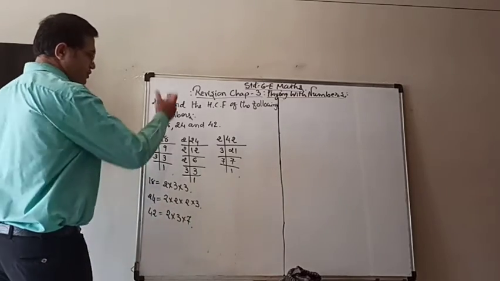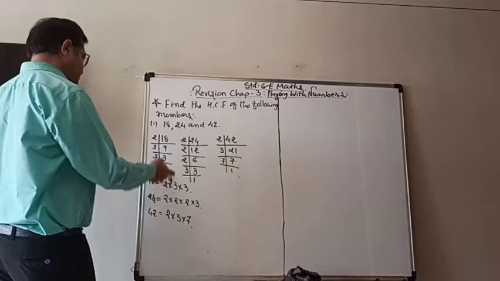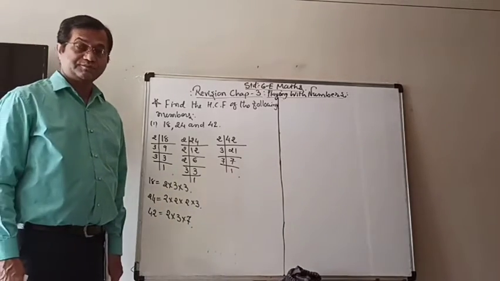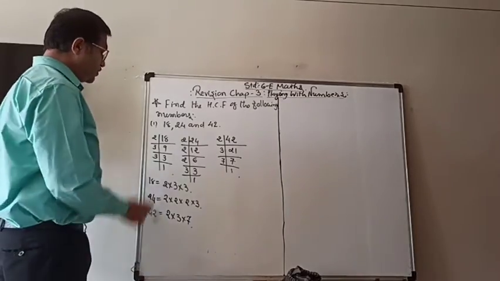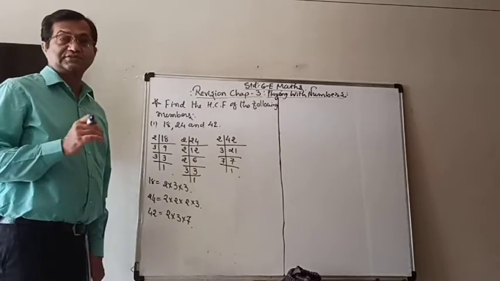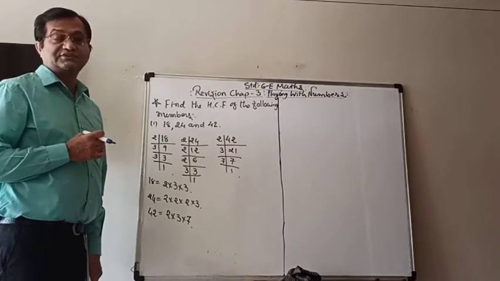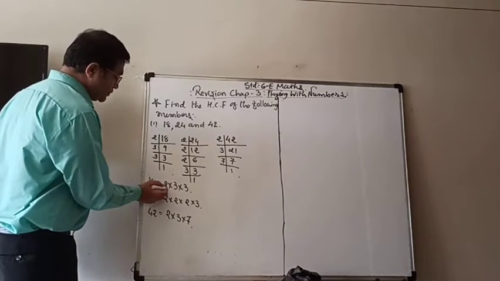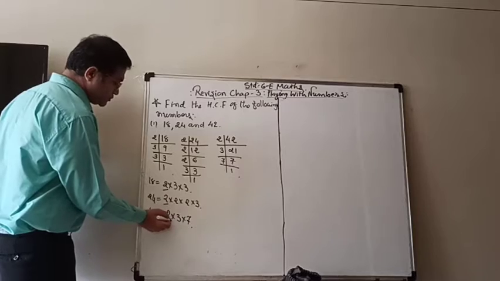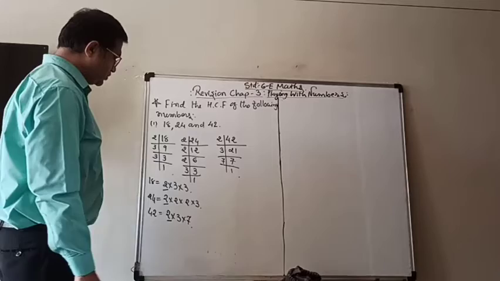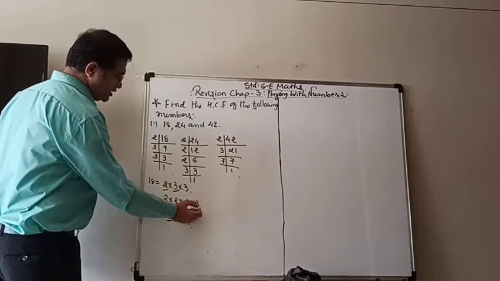So in this way, find the factors and then write them down as a product of their prime factors. Then check which prime factors exist in all the three numbers. You can see that 2 is in all the numbers. Also 3 is.